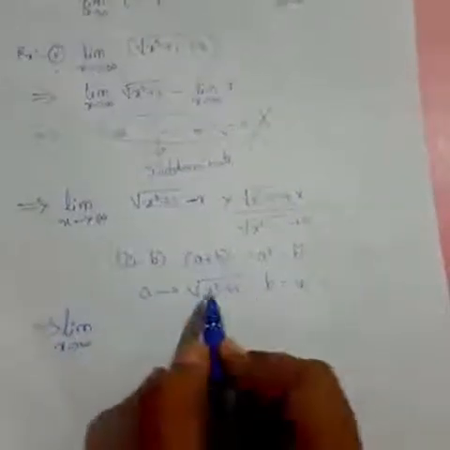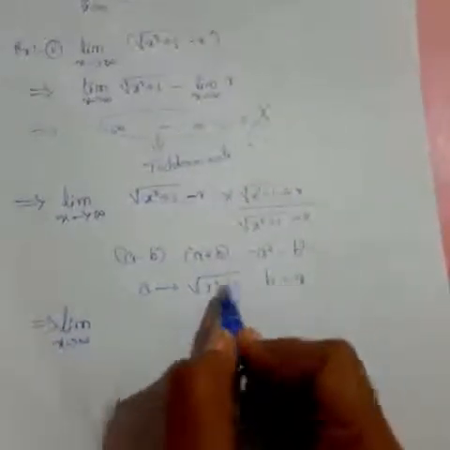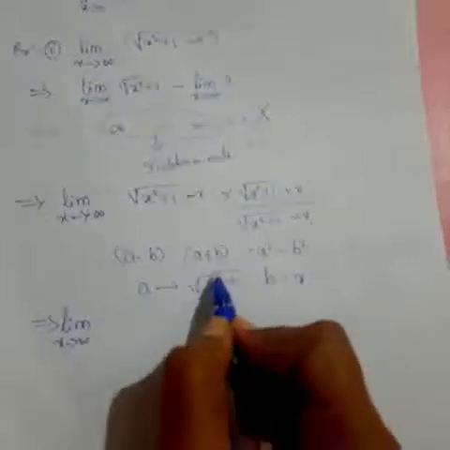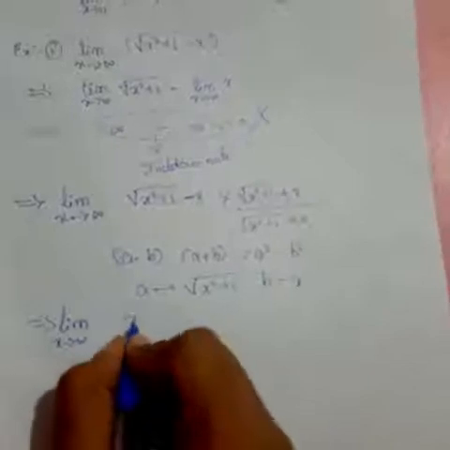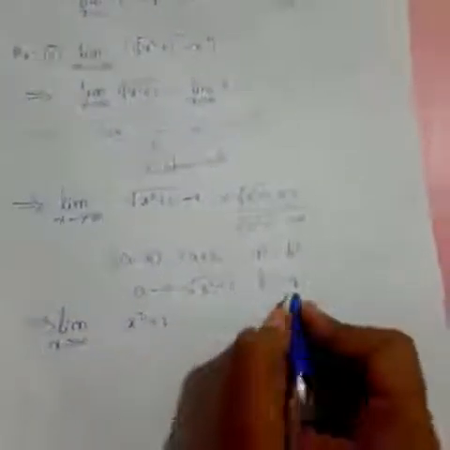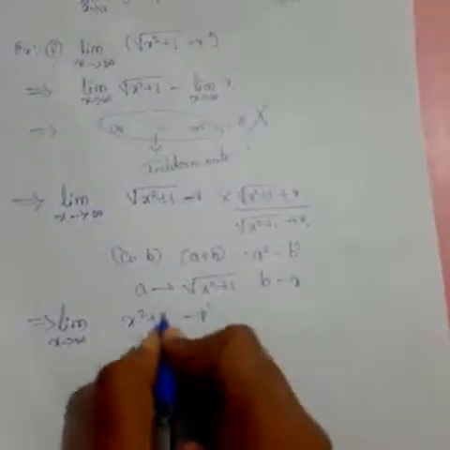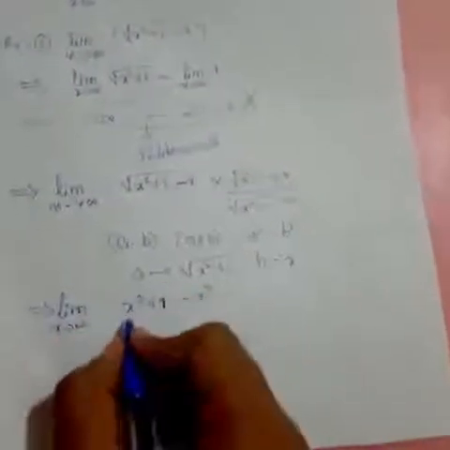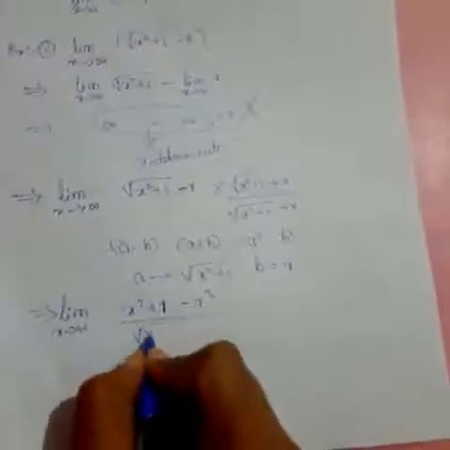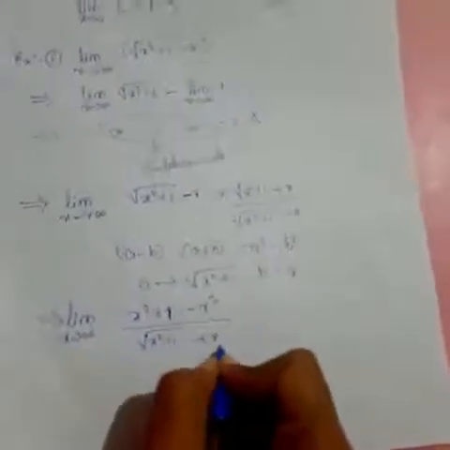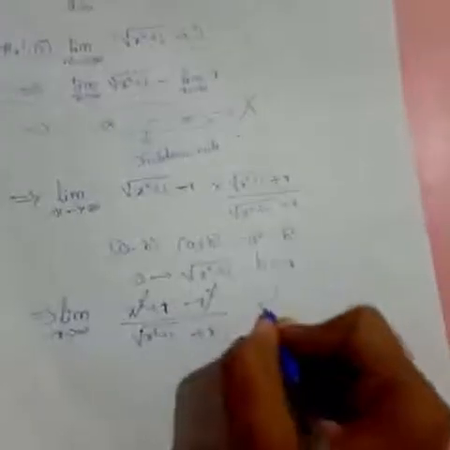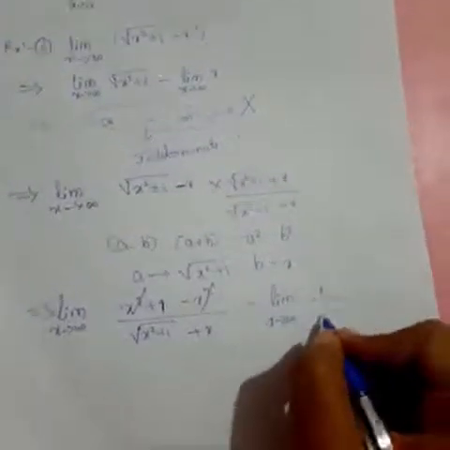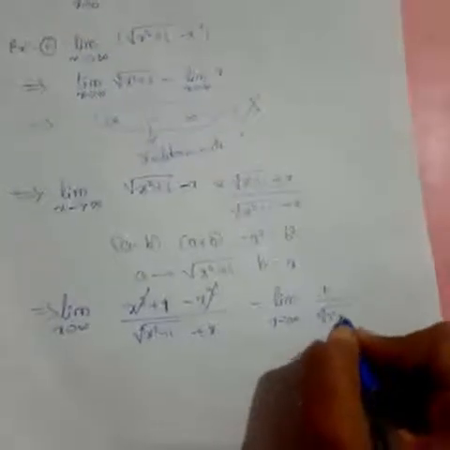Limit x tending to infinity: instead of a, we need a square, so the square and square root get cancelled, what remains is x square plus 1. Then x is there, so x square. Whole divided by the same, square root of x square plus 1 plus x. The x square minus x square get cancelled. Again, don't forget to write the limit: 1 divided by square root of x square plus 1 plus x.